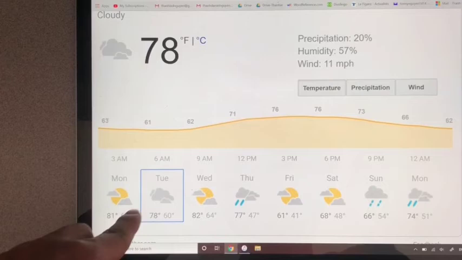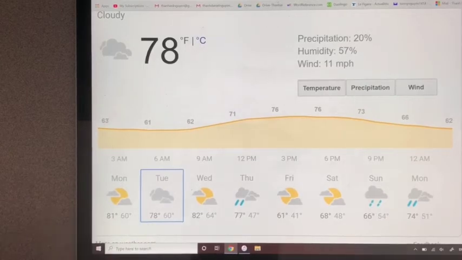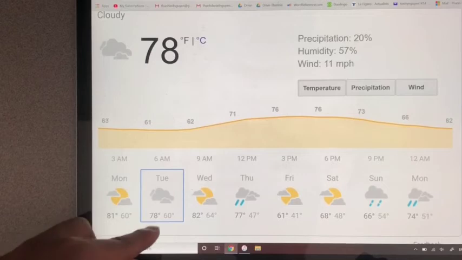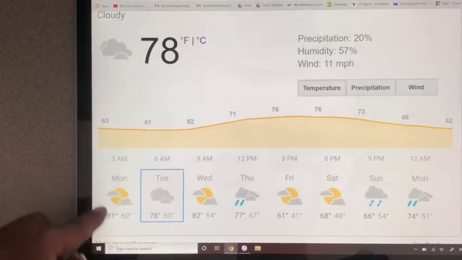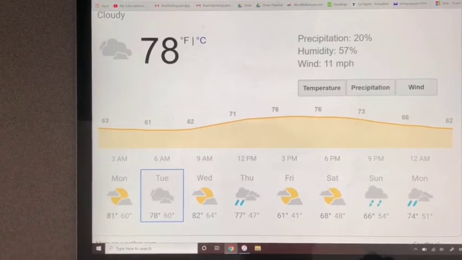What is the temperature from Monday to Tuesday here? From Monday to Tuesday, the weather is cloudy or sunny. And from Monday to Tuesday, the temperature is from 60 to about 80 degrees. From 60 to 80 degrees.